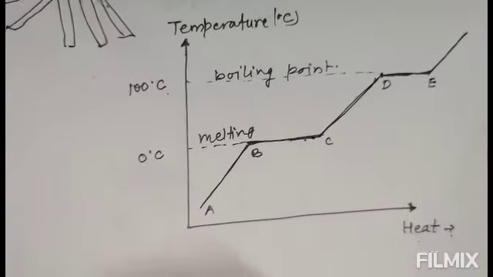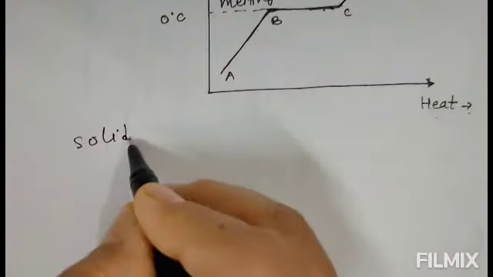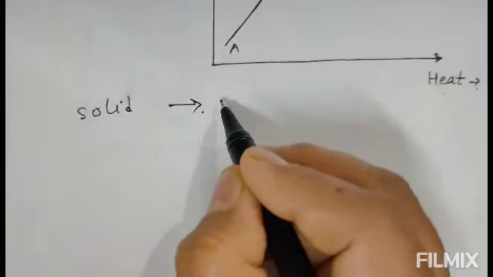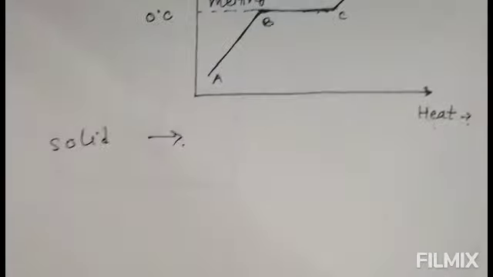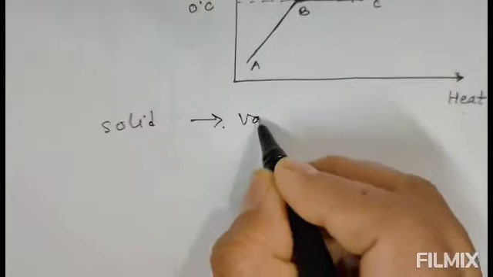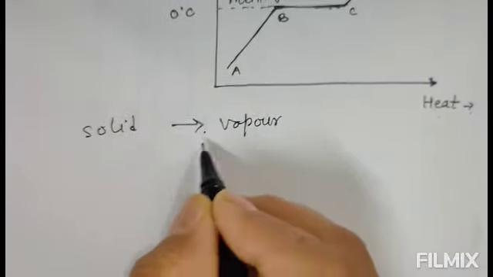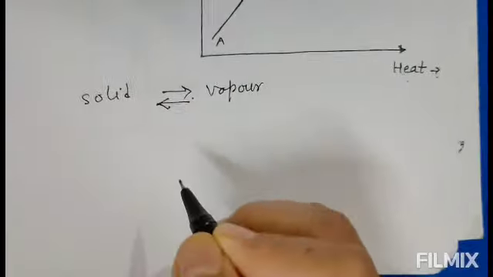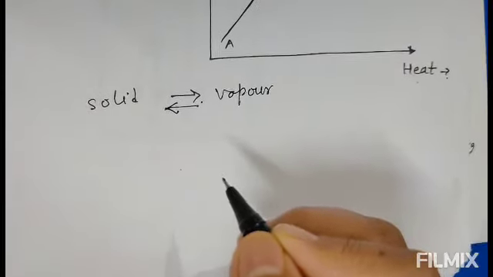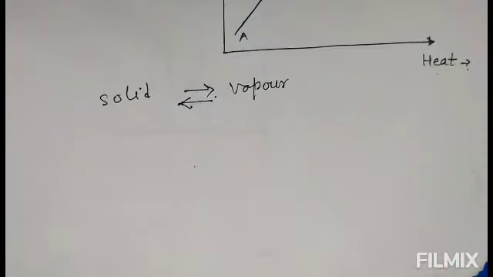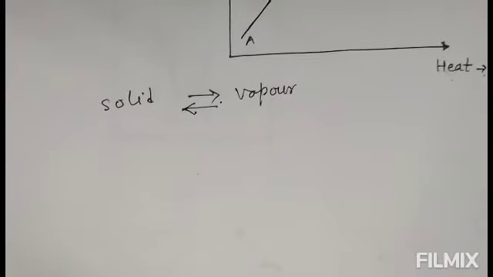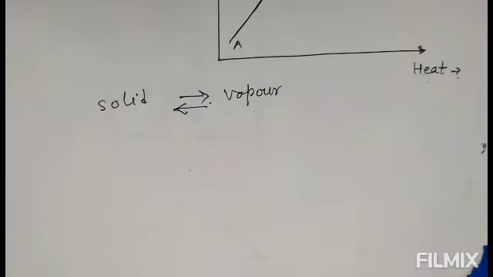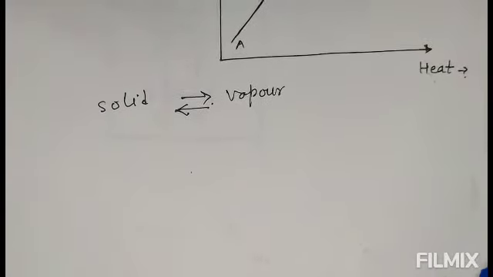So when the change takes place from solid directly to the vapor state, or from the vapor state to the solid state, that process is called sublimation. Examples are solid carbon dioxide and iodine. During the sublimation process, both the solid state and vapor state of the substance are in thermal equilibrium with each other.